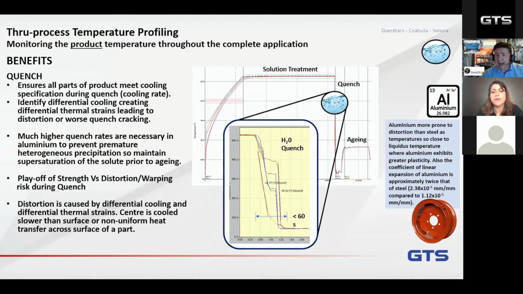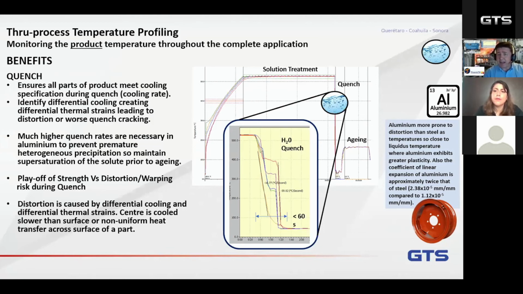And the fact that aluminium has twice the expansion coefficient of steel, so it's likely to expand and contract very quickly with temperature change. So you have to be a little bit careful that you are controlling that temperature so you don't end up with the problems of warpage or expansion and contraction, which causes cracks.